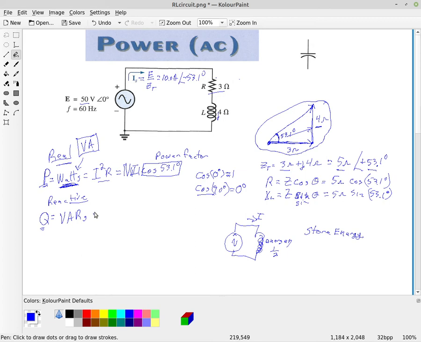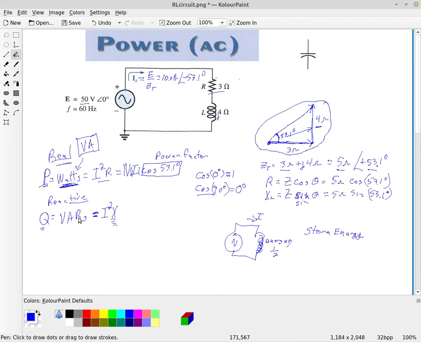We're going to store energy into the magnetic field of the inductor, or the electric field of the capacitor. So instead of being I squared R, that's going to be I squared times X, the reactance, because it's reactive power. So VARs are volt amps reactive.